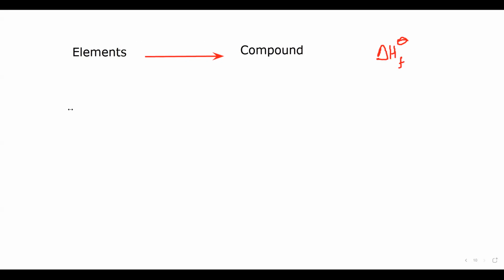But if an element gives atoms in the gaseous state, we call that energy change or enthalpy change the standard enthalpy change of atomization, if the conditions are standard. If conditions are not standard, then we don't use that.